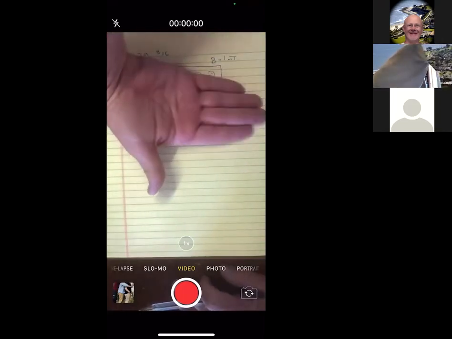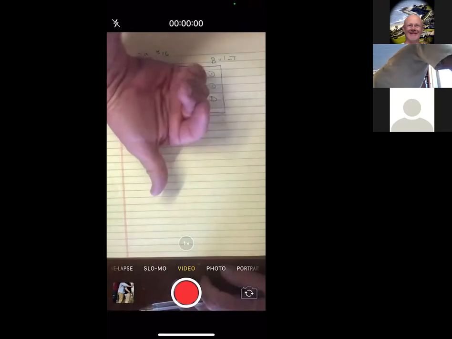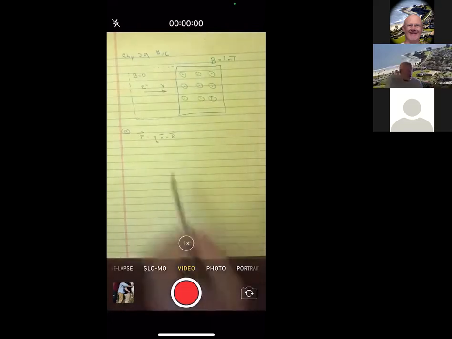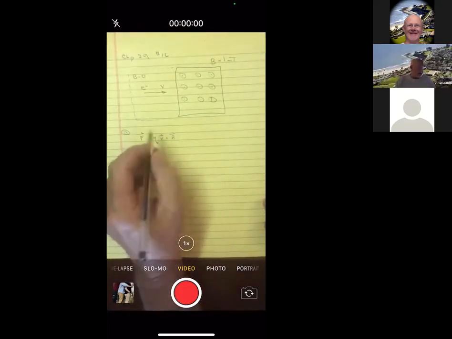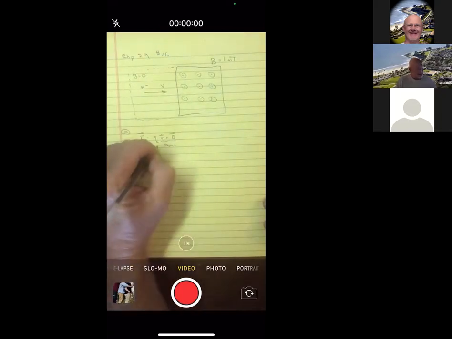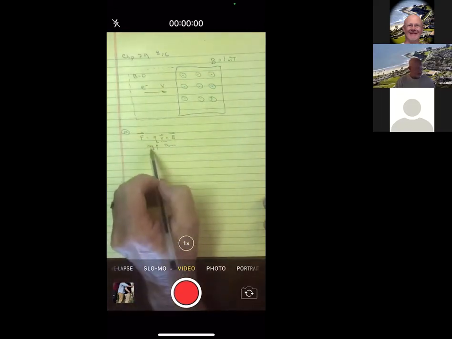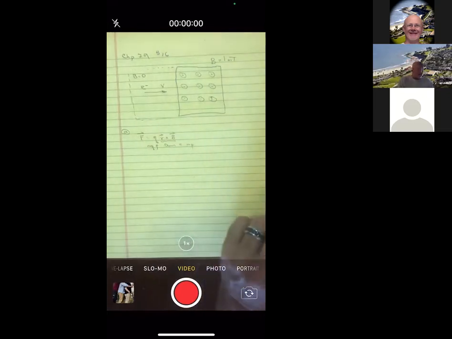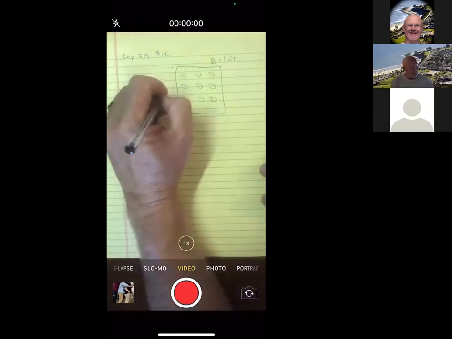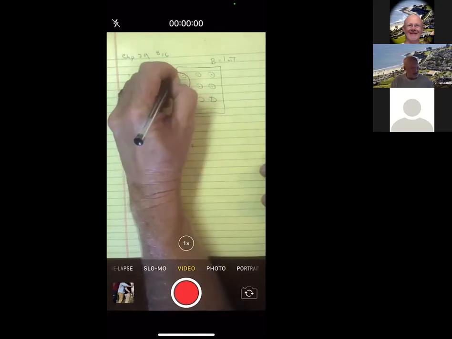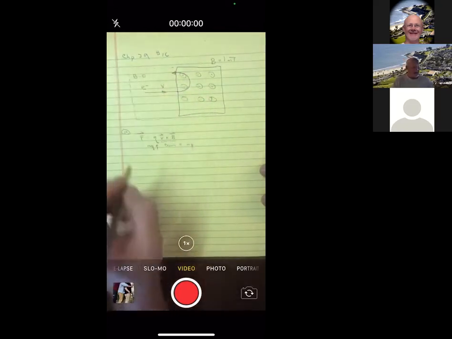So v cross B is down. Remember, these are electrons, so they have a negative charge. So this part right here, v cross B, is down, but then I am multiplying by a negative number here. So the negative of down is up. And so this negative charge would make a semicircle like that.